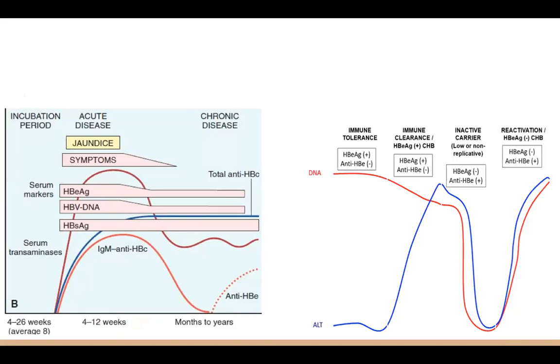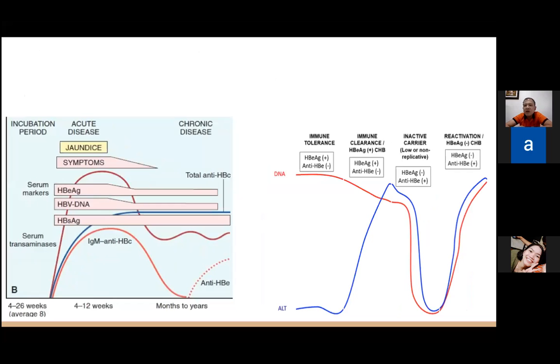We mentioned two interpretations, no? The more common one is the carrier state, because the patient here is asymptomatic. It was not mentioned, but the more likely scenario is that the patient here is a carrier.